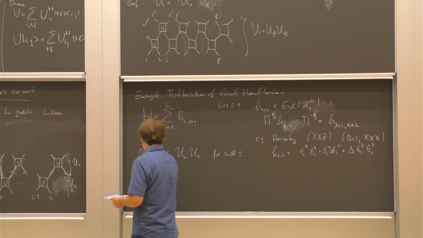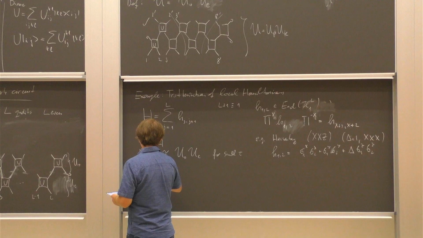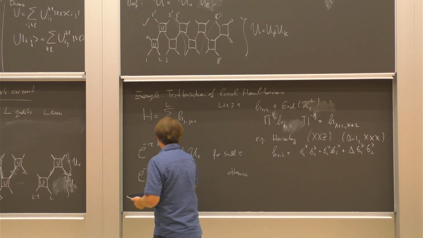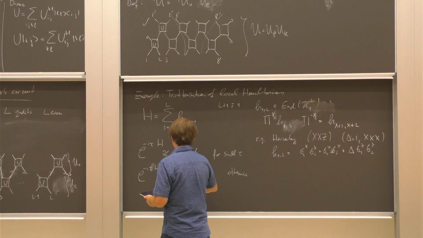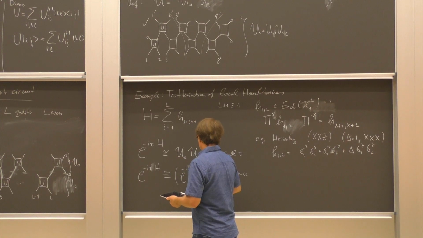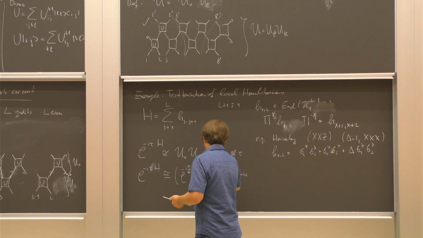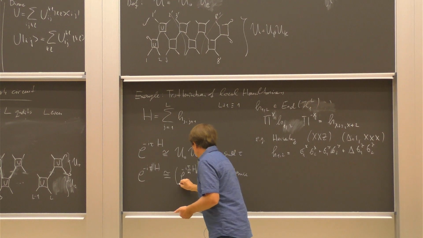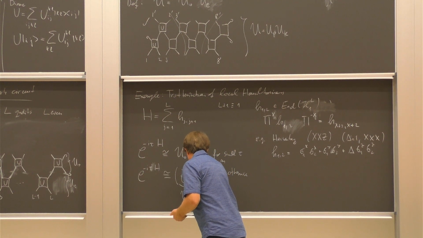For not small time, you can write an expression which will be e to the minus i tau over m h even, e to the minus i tau over m h odd, to the power m. And now you can treat this as U odd and this as U even.